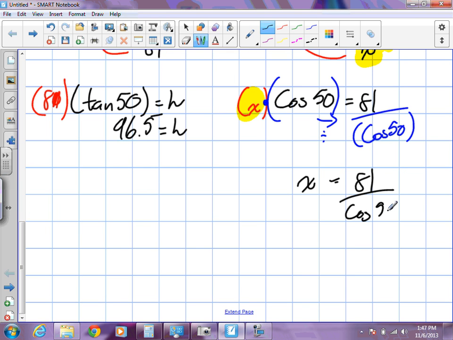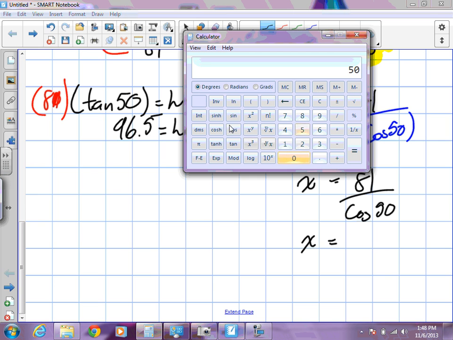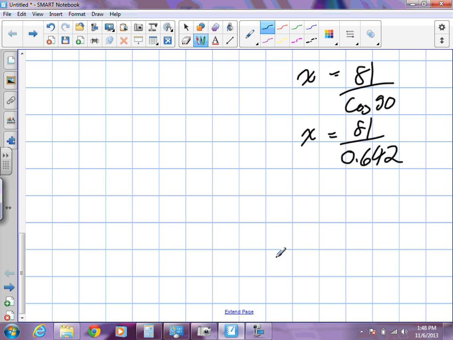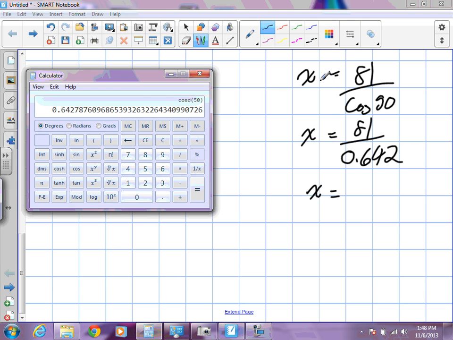And we can actually find a value for cos 50. Let's see. Cos 50 is 0.642. So 81 over 0.642. Sorry, the calculator I have is a little more difficult to do this, but on many of your calculators you can type that all in one shot.